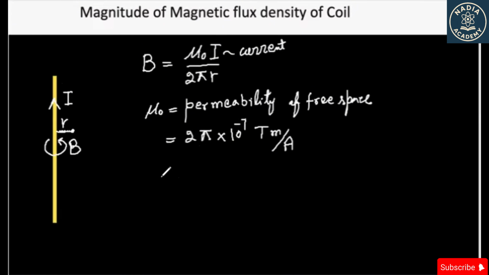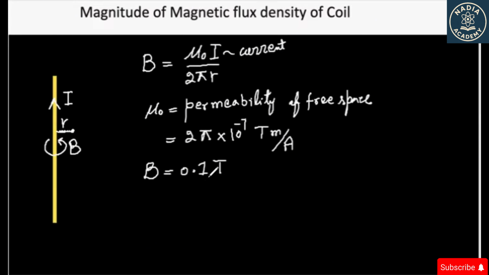So let's raise a question: for example, we want to generate a magnetic field because of this straight wire of the order of 0.1 Tesla.